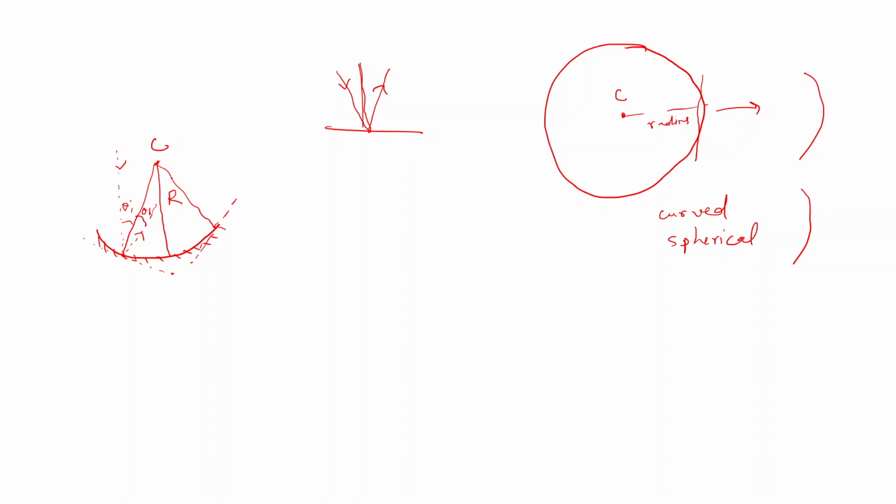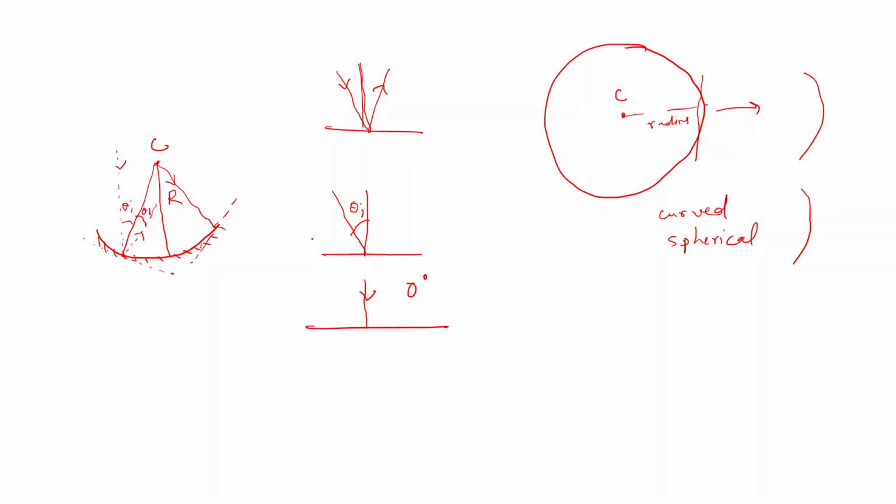So if the incident light is coming along this, then our incident angle is 0. If the light comes at an angle, we say it makes some angle with the normal. But if it is coming along the normal, then the incidence angle is 0 degrees.